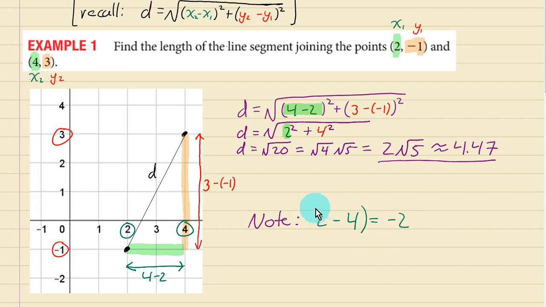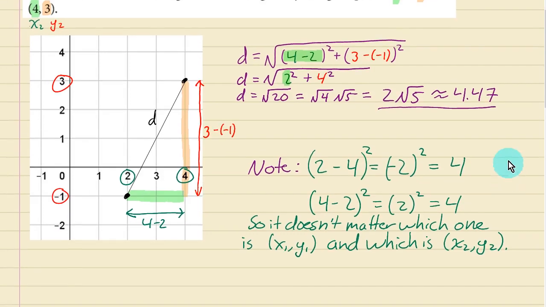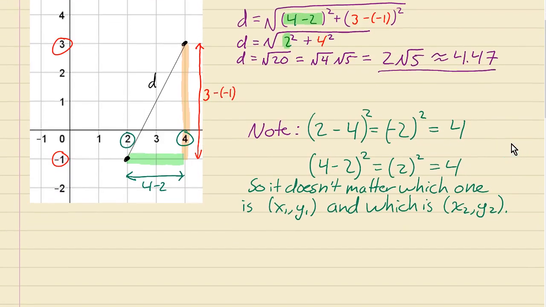But then notice that when you square that, which is what you do here, you're still going to get the same thing, because a negative number squared is always positive. You'll still get +4. And so that's the same thing that you get when you do 4 minus 2 squared. That gives you +2 squared, which is also 4. So it doesn't really matter which way you subtract it, which one is point number 1 and which one is point number 2. Just wanted to write that down to check that you got it.